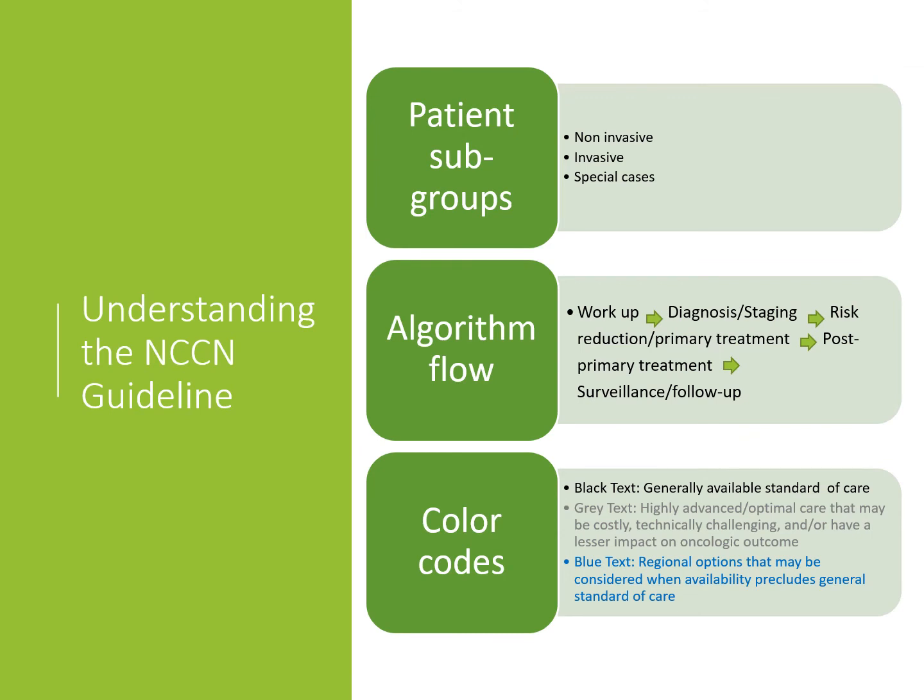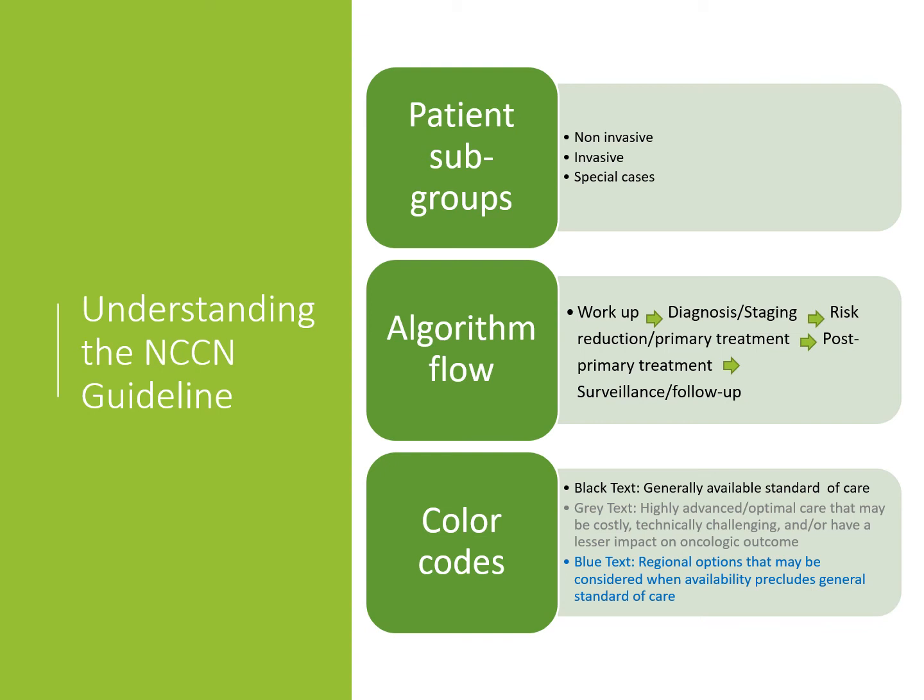So, to help understand the NCCN guidelines, you need to understand that the guideline is written by dividing the patients into different subgroups. So we have the non-invasive breast cancer patients, the invasive breast cancer patients, and the special cases.